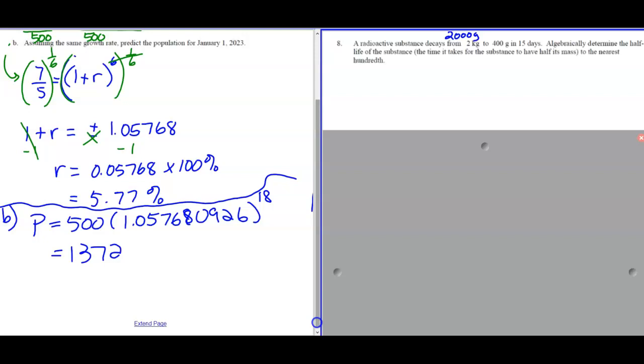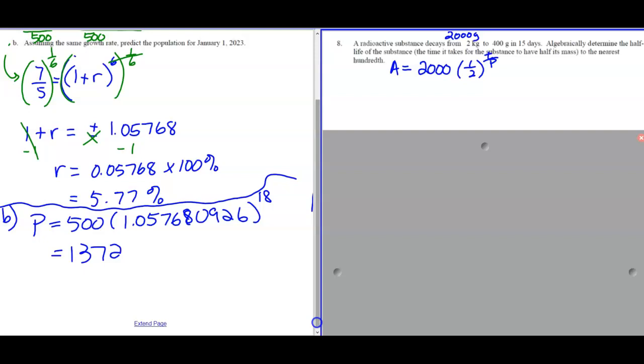You know it's half-life. So the amount is equal to, so we're starting with 2 kilograms, which is 2,000 grams. Our B value is a half, because it's a half-life question, and T over P, right?